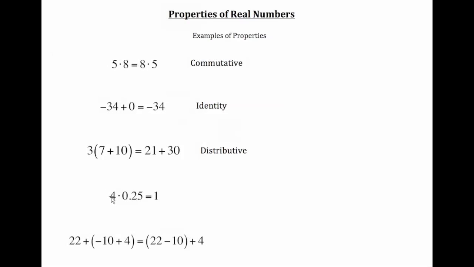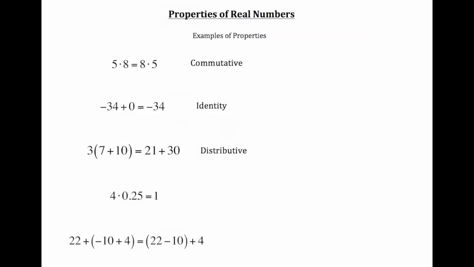Now this fourth one, we have 4 times 0.25 equals 1. Now if you remember with multiplication, if you take a number and multiply it by its inverse, you should get 1. Now here with 0.25, another way of writing it would be 1/4. And 1/4 is the multiplicative inverse of 4. So if you do 4 times its inverse, 1/4, you'll get 1.